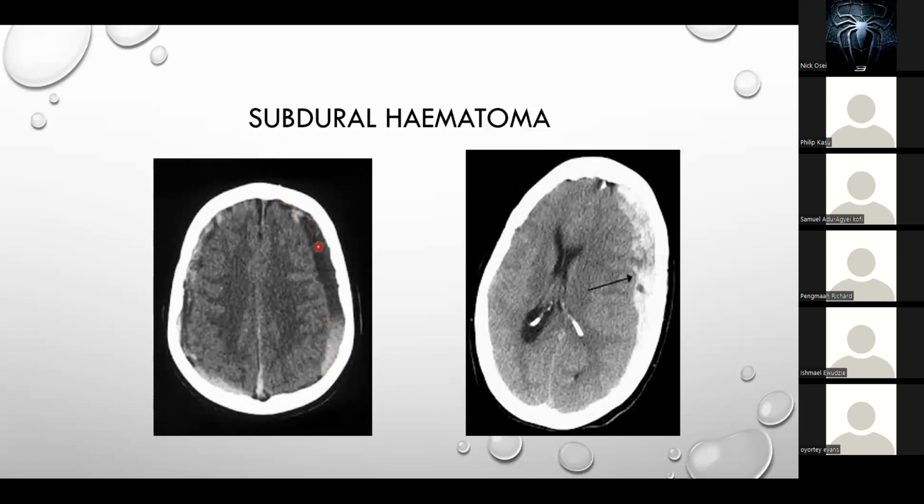Now, when blood is fresh, when blood has poured out fresh on a CT scan, because of the high iron content, it will show as white. And when it stays longer, in a few days, the iron is converted into hemosiderin and the rest, so you realize that it becomes darker.